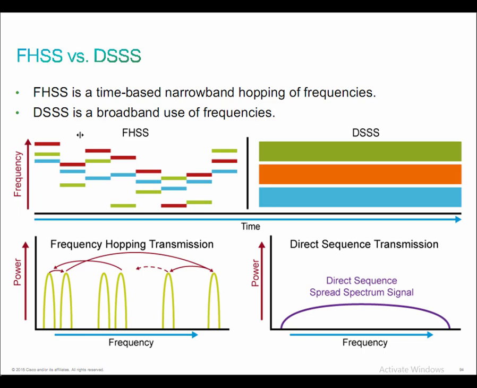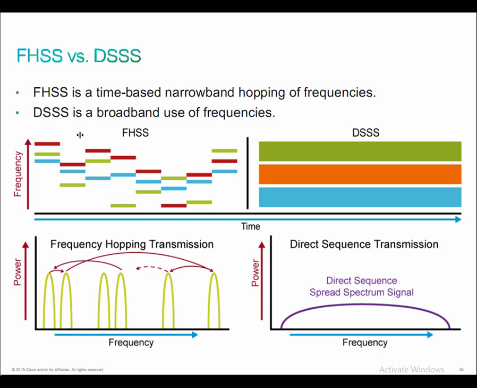But because it hops, the signal from the device that uses FHSS might lose only a few packets every now and then, whereas the signal from the device that uses DSSS might be more durable and less affected if the interference is in the middle of the emission zone. So there are some benefits to both.